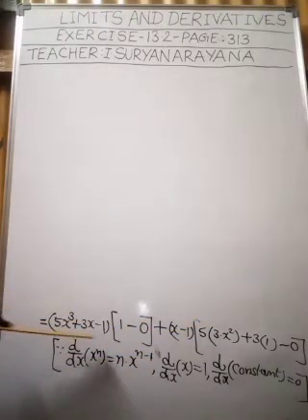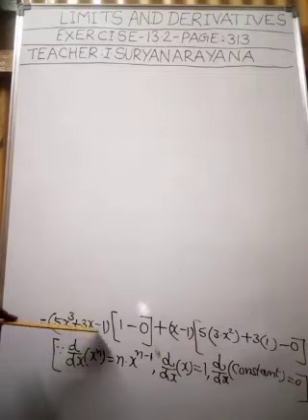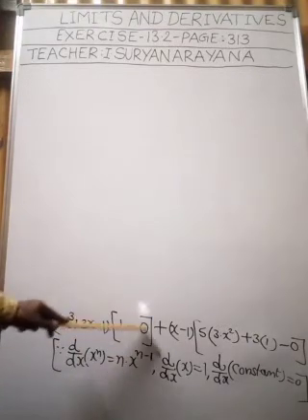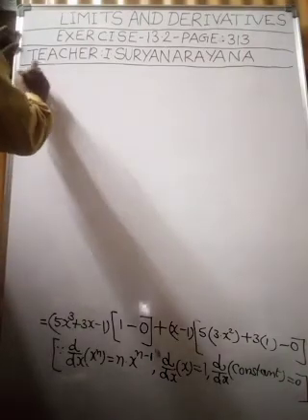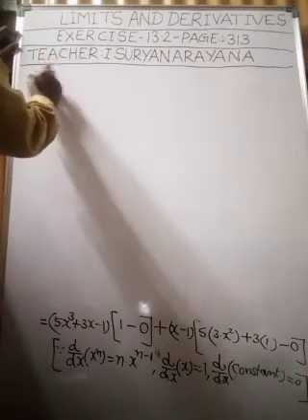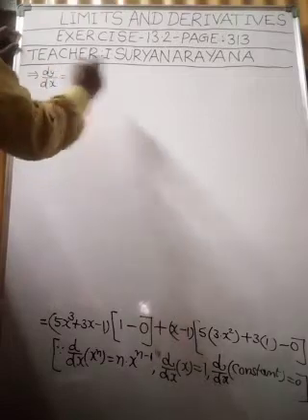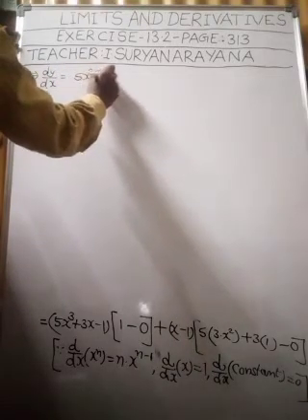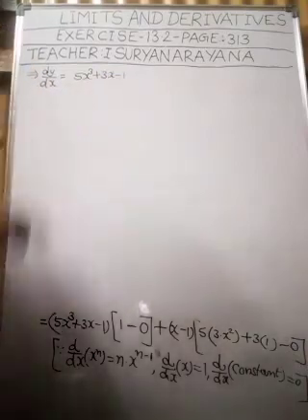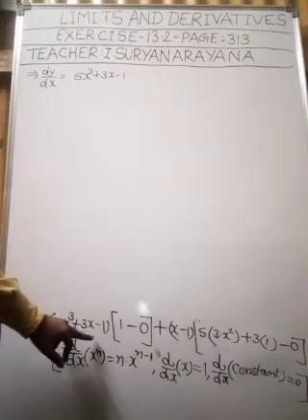Now we have to simplify. 5x cube plus 3x minus 1 into what we'll get in this brackets, 1 minus 0, 1. So, dy by dx is equal to 5x cube plus 3x minus 1. I'm writing directly this one. Okay, my children.